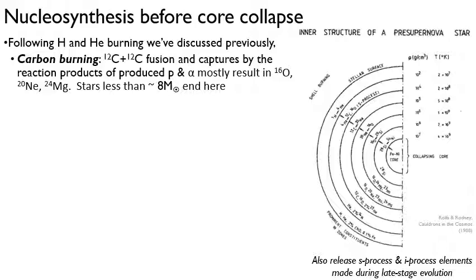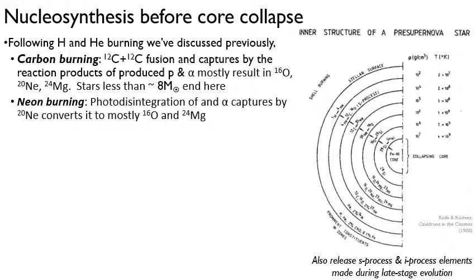And if you have a star that's around 8 or so solar masses, then it will actually end here. You can get an oxygen, neon, magnesium white dwarf rather than a carbon-oxygen white dwarf that you may be more familiar with. For slightly more massive stars, you can kind of cross the Rubicon and go to a point beyond which you cannot return. Your nucleosynthesis will continue to occur, and you will get a core collapse supernova in that case.